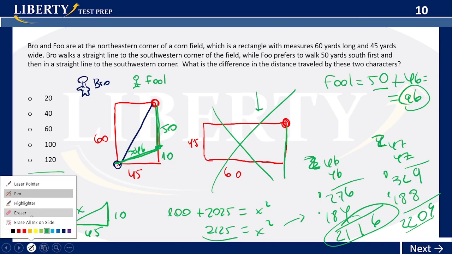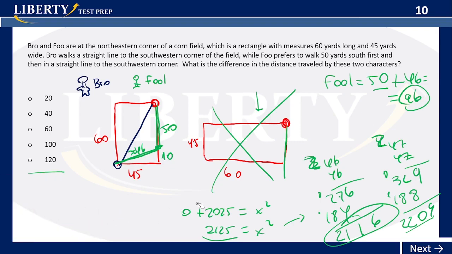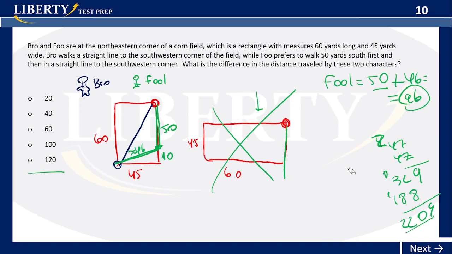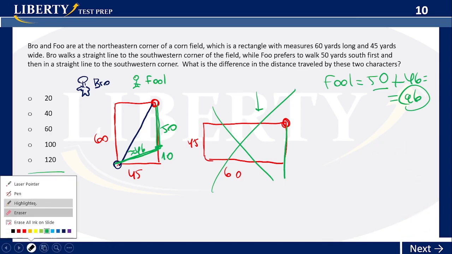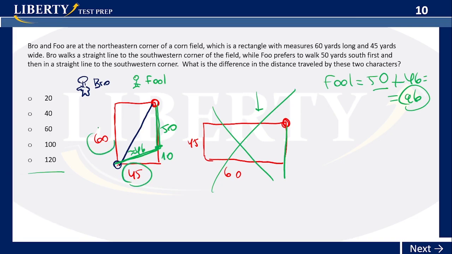Now, what about bro? We just get the straight hypotenuse, so we just apply Pythagoras over there. But then we notice something even more special: we have 45 and 60. Can we get 3, 4, 5 out of there?